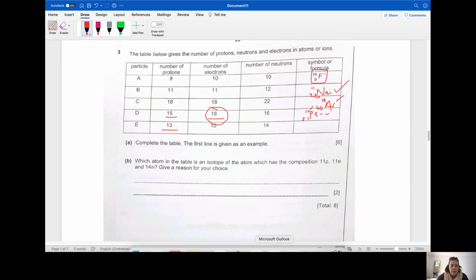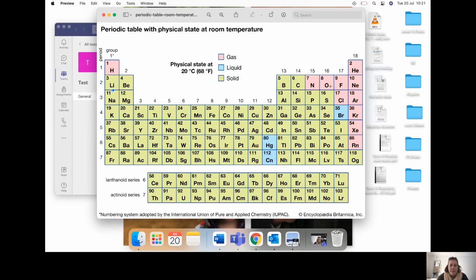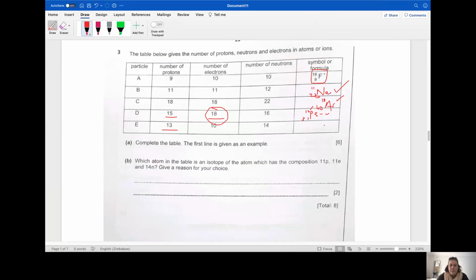Okay, 13 protons up to the periodic table. 13 protons is aluminium. You can work out or find its neutrons from the periodic table as 27, 13 plus 14. But look at your electrons.